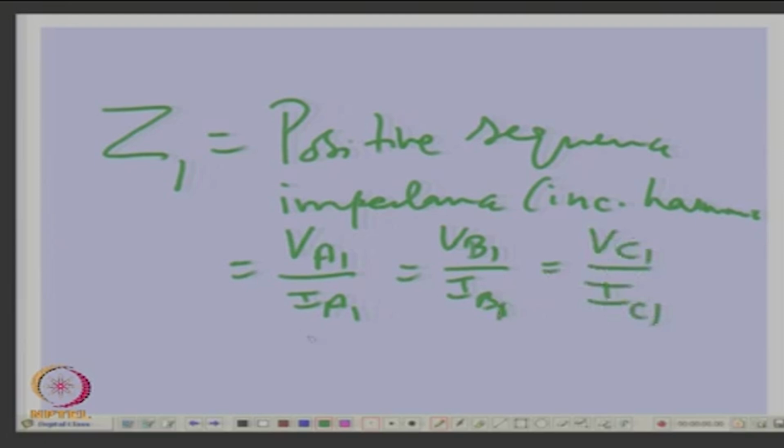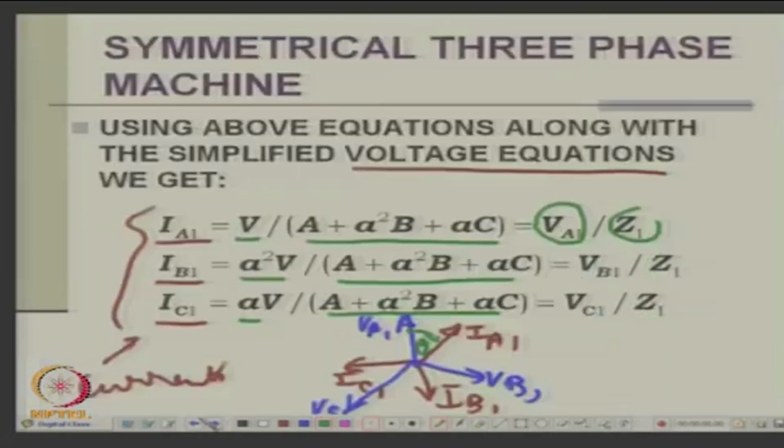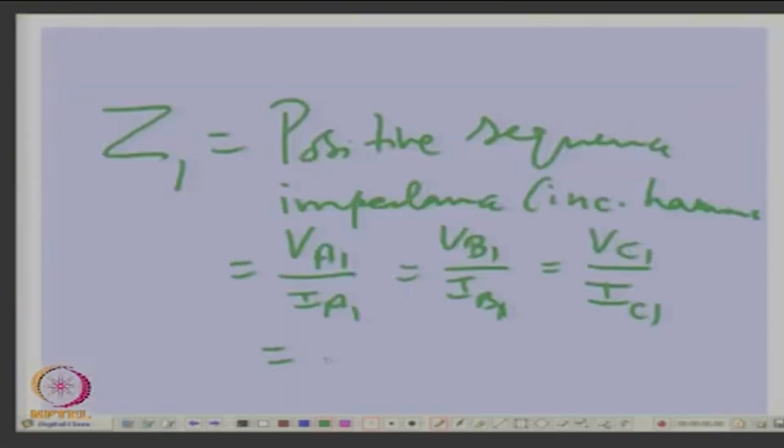And what is that value we got? A plus a square B plus a C. Okay. So, this is equal to, and we have defined these ABC constants, agreed. So, it is a question of substitution. Okay. Let us do that.